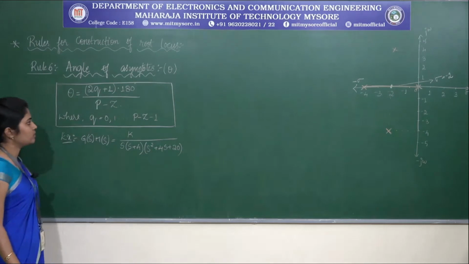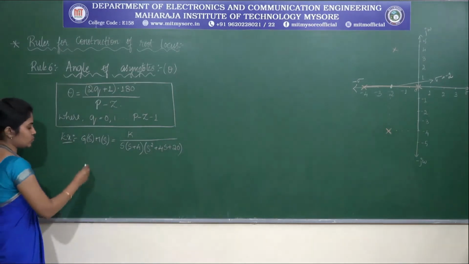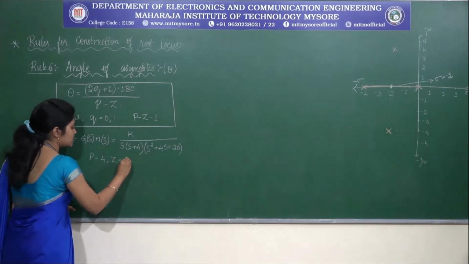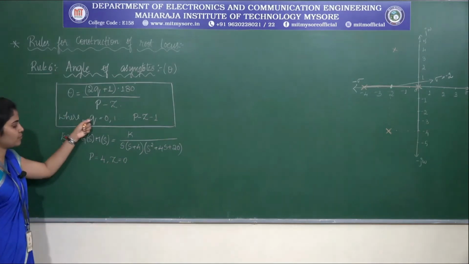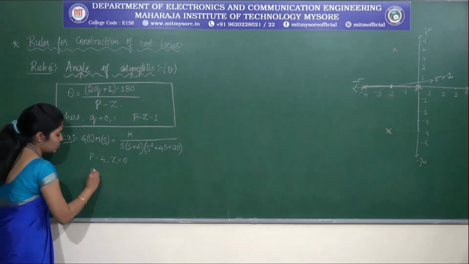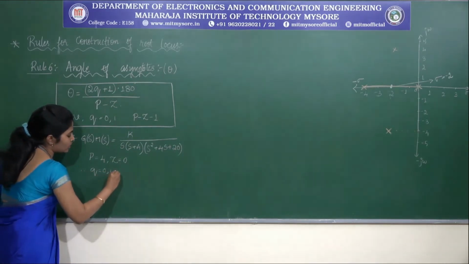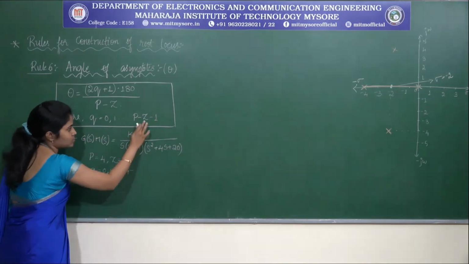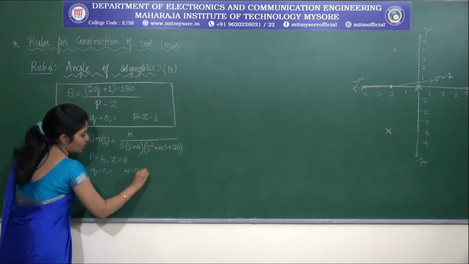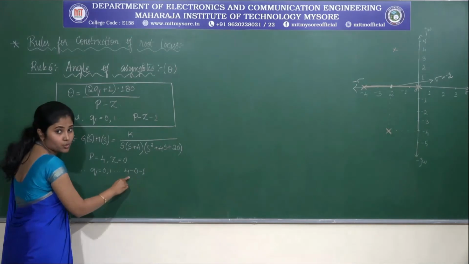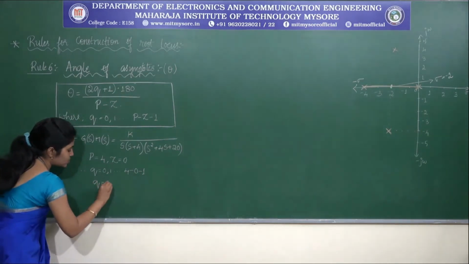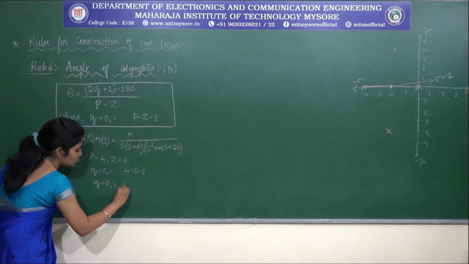Now, we know the value for P is 4 and the value for Z is 0. So q will be 0, 1 up to P minus Z minus 1. 4 minus 0 is 4, 4 minus 1 is 3. So q ranges from 0, 1, 2 and 3.